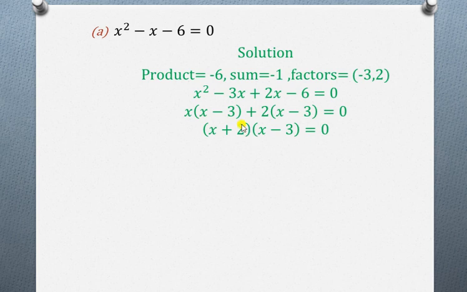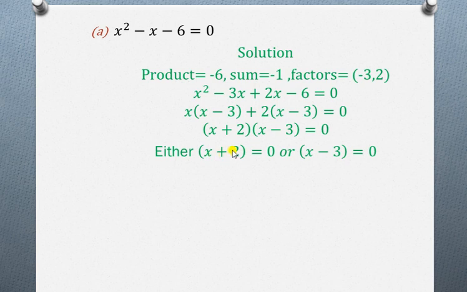Next to this, you're going to equate the first bracket to 0 and also equate x minus 3 to 0. So we shall say either x plus 2 equals 0 or x minus 3 equals 0. That is our next step. Then finally, you simply get the values of x, or you solve this and also solve this.